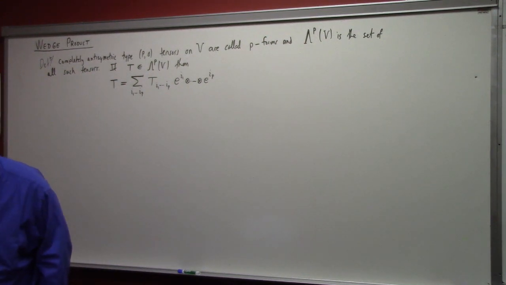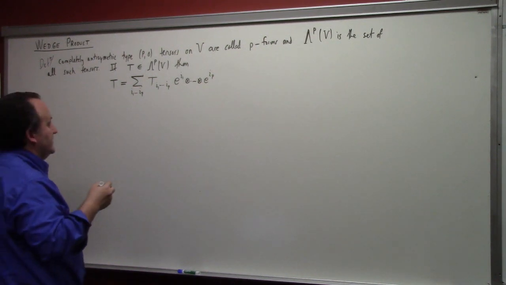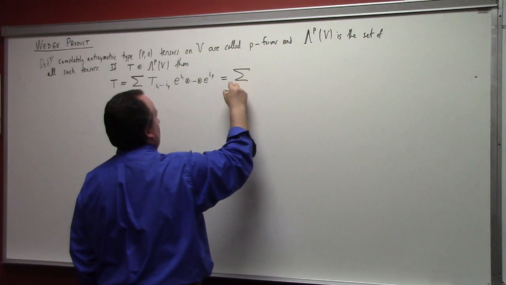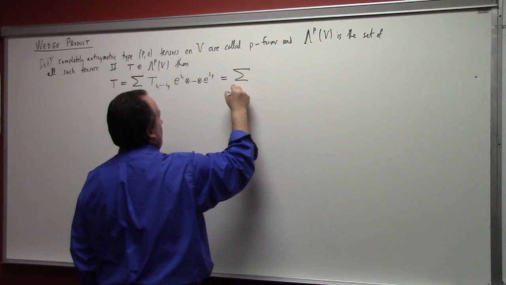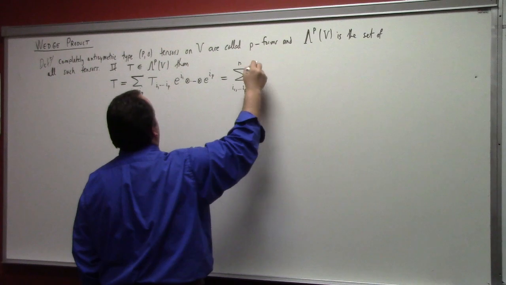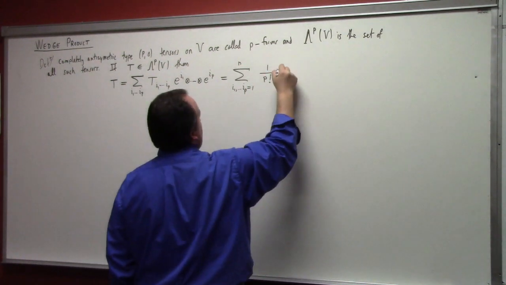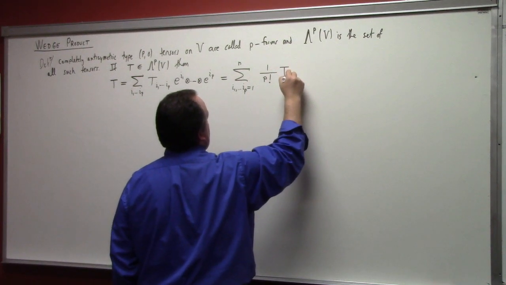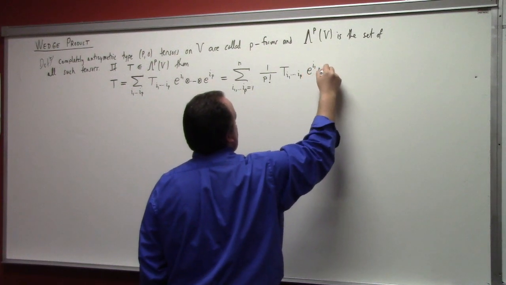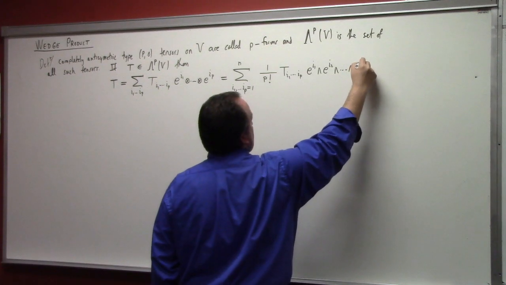But we can rewrite that as the sum over all indices I1 through IP equals 1 to n of 1 over p factorial, T I1 through IP of E I1 wedge E I2 wedge through E IP.